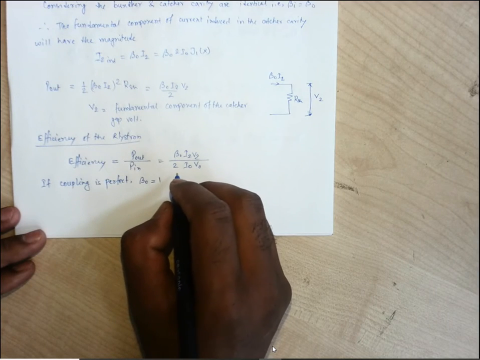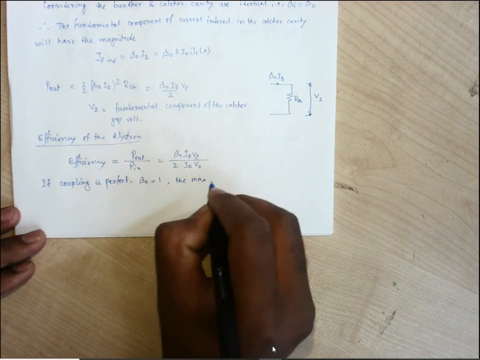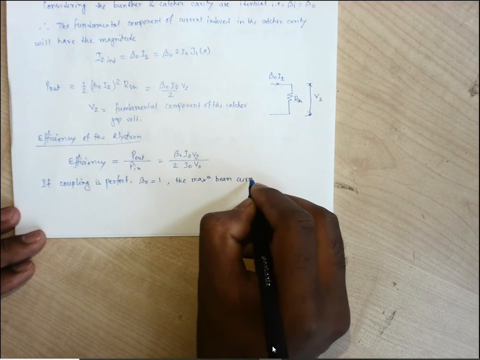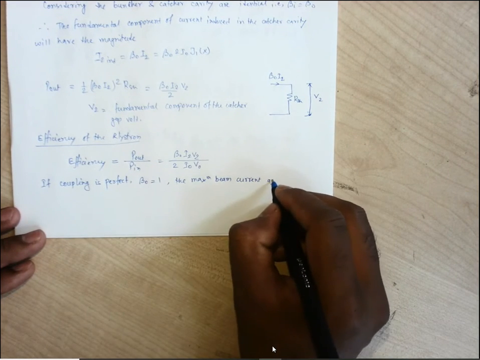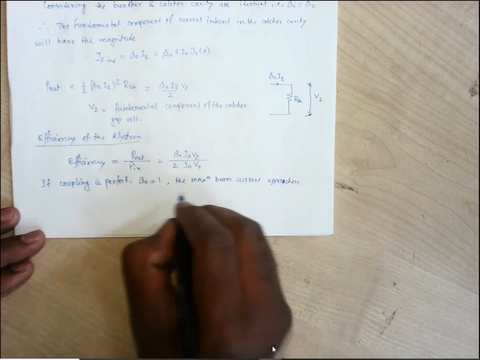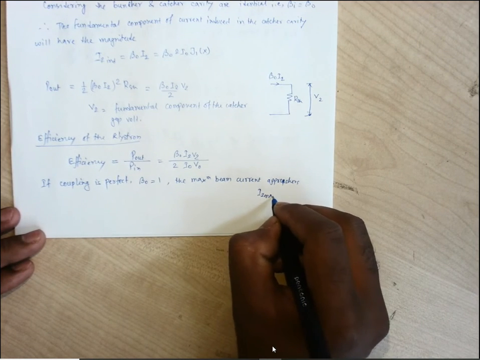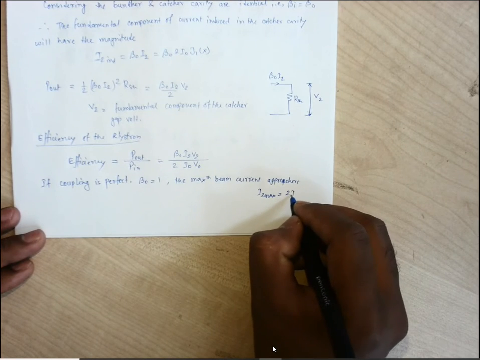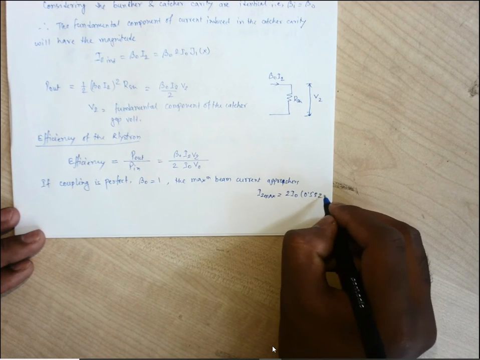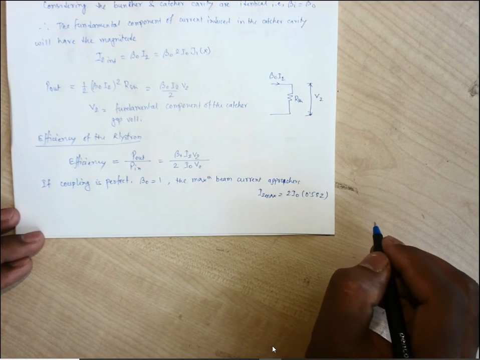The maximum beam current approaches I2 max, which is twice I naught times 0.582. That is the I2 max.